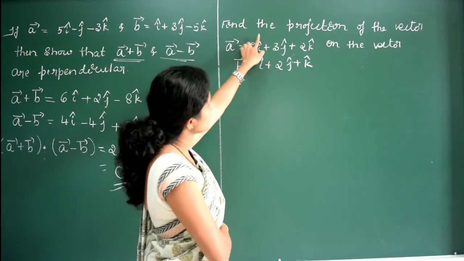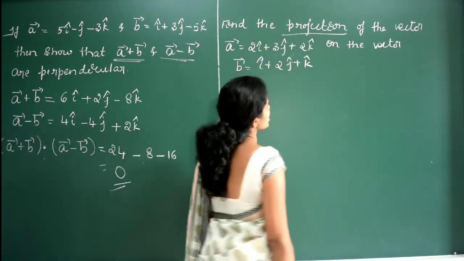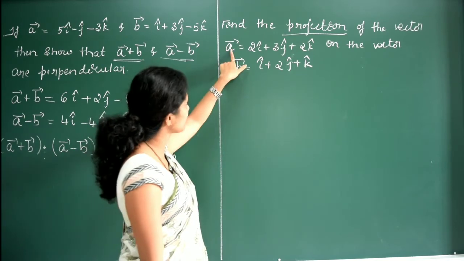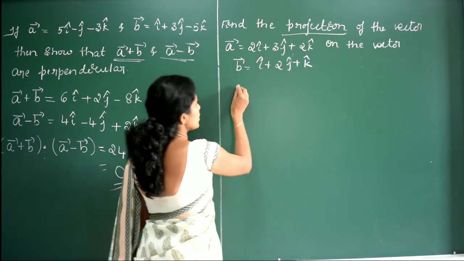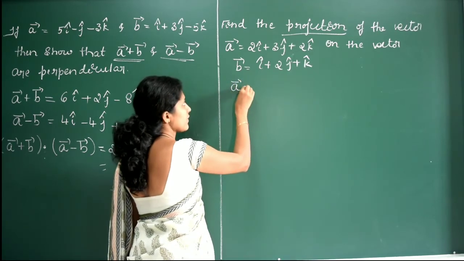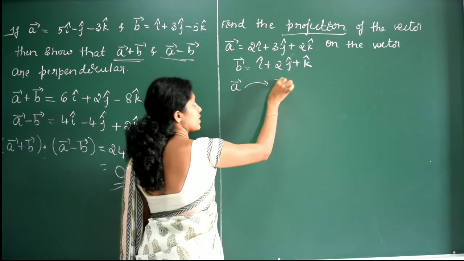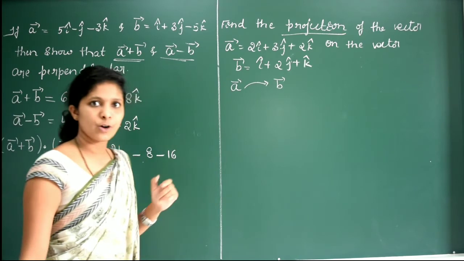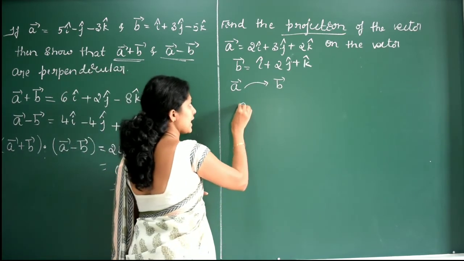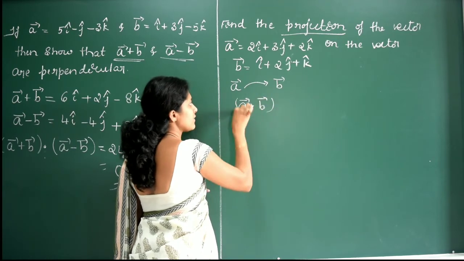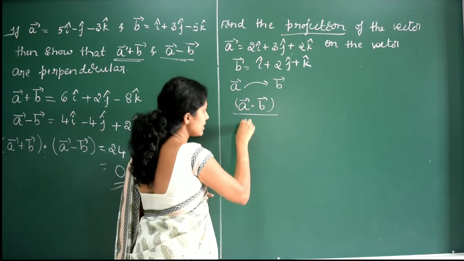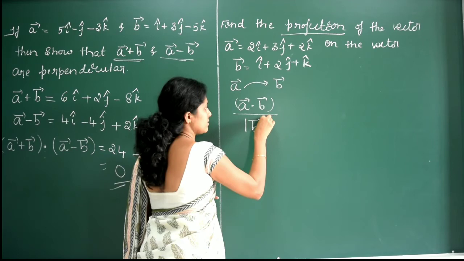See, find the important one, projection of the vector. You have to find the projection of this vector A on the vector B. You are finding the projection of A vector on B vector. What will be the projection formula? You have studied this. That will be A vector dot B vector divided by the magnitude of B vector.